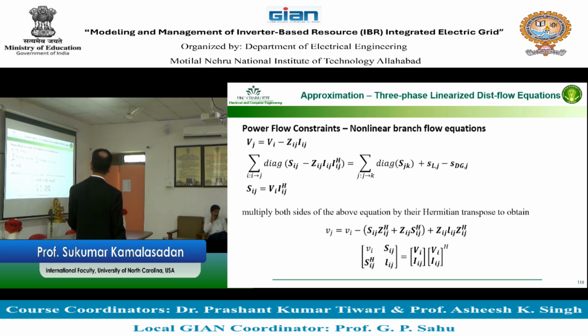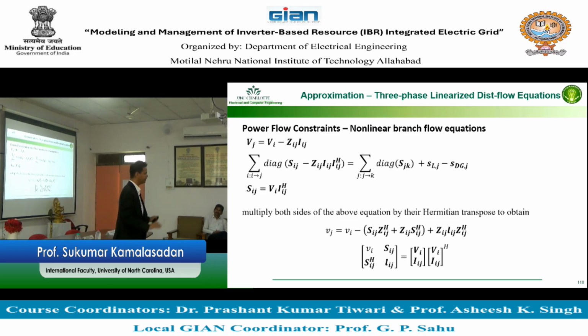Now let's multiply both sides of the equation by their Hermitian transpose. You know Hermitian matrix? It's a little bit of math here. I'll talk about Hermitian matrices later. If you take a Hermitian matrix and multiply it by its Hermitian transpose, you are multiplying this right here and then this here. So you can cast this whole thing in the form of this.